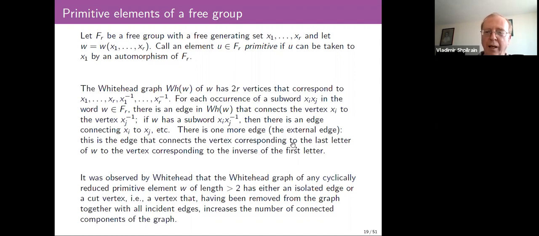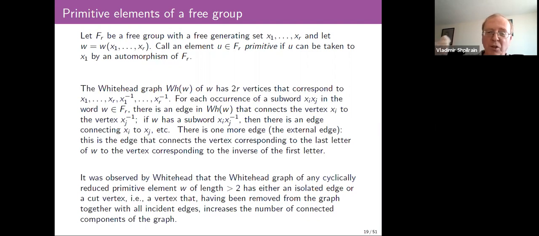So it's important that the element is cyclically reduced. And here we again have to talk about the form of the input. When we think about elements of a free group, we think of words in generators and their inverses, words that are freely reduced, so words that do not have subwords of the form xi xi inverse, or xi inverse xi.